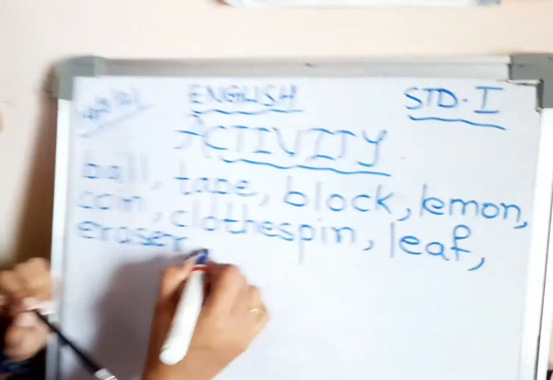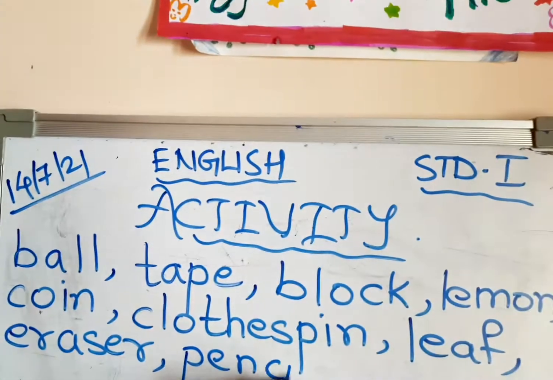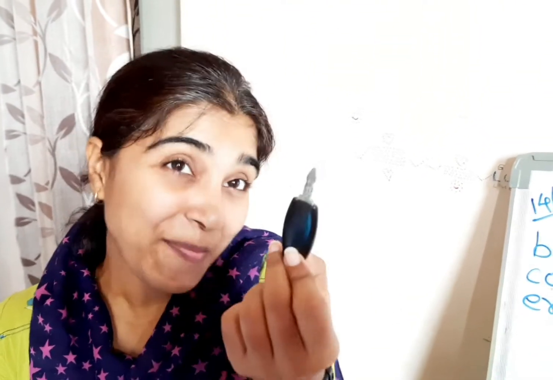The other thing which more than erasing you use it, that is a pencil to write. And the last thing that I have is a key. So a key.